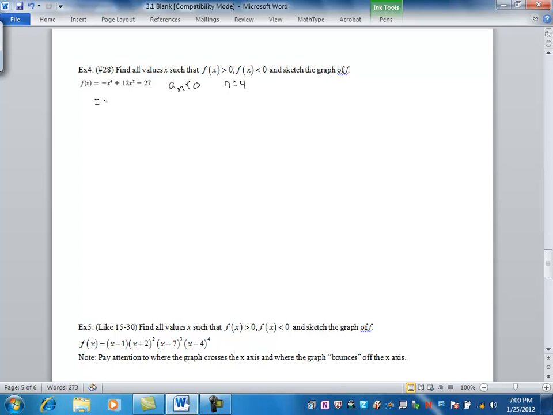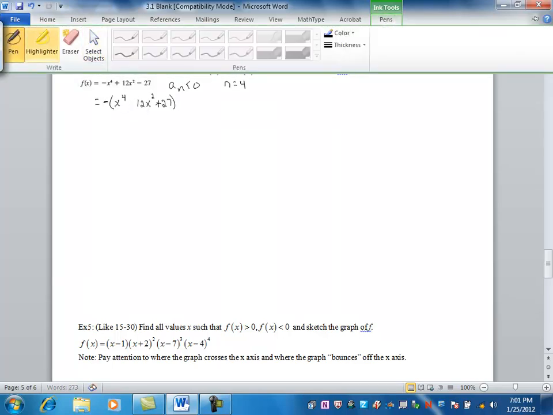I can factor a negative out, but that leaves me with x to the 4th plus 12x squared minus 27. Now, one thing you might notice here, if we play our cards correctly, when we take that negative out, this changes this sign right here so that it's a negative.